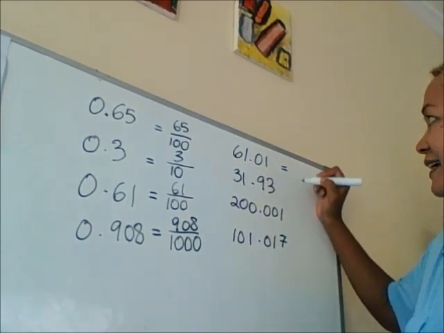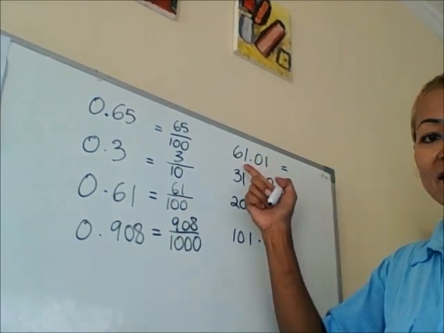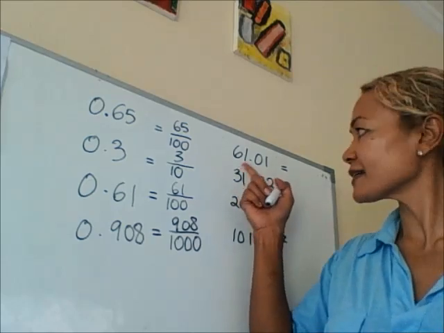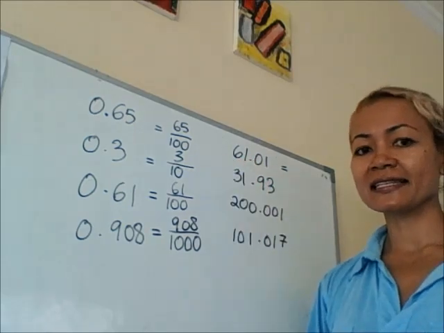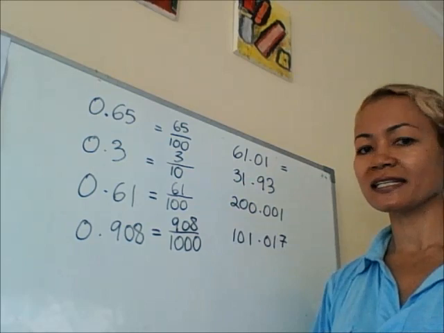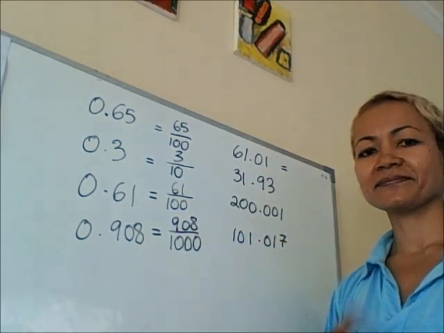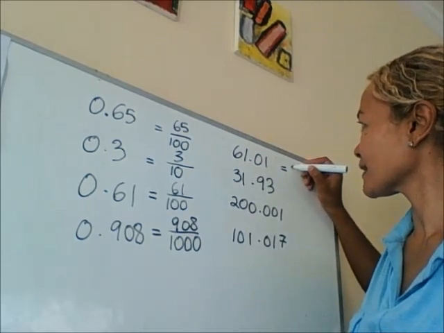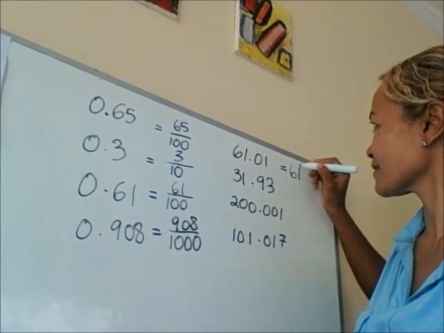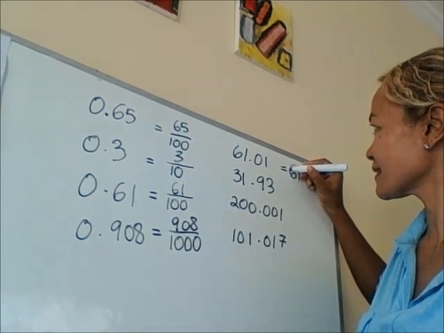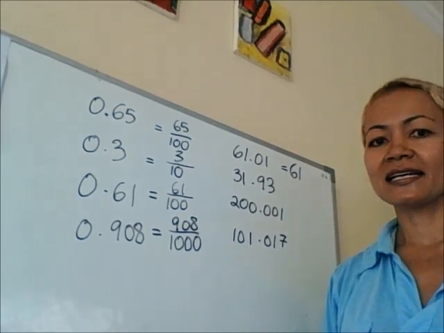Okay, these ones have a whole number element. So you see the whole number element there is 61, and this one is 31, 200, 101. So we put it before the fraction, because we're producing a mixed number.